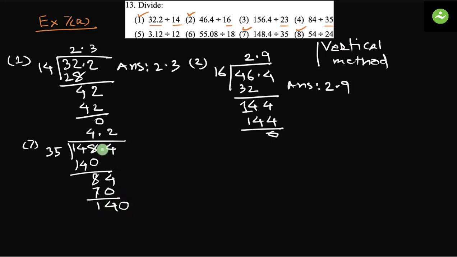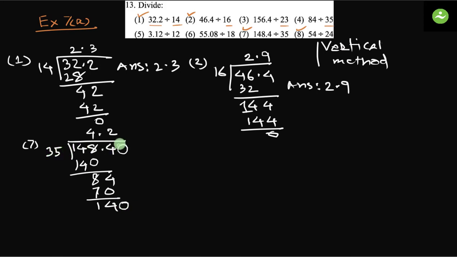On the right side of any decimal fraction we can put as many 0s as we want, and it doesn't change the value of the dividend. So we bring that 0 down when we need it, not unnecessarily. Now we have a remainder, so we bring down a 0 just to continue the division.